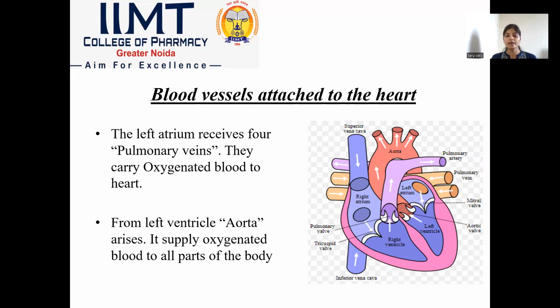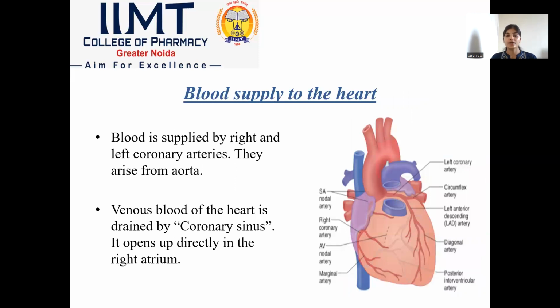Moving to the next slide, blood supply to the heart. Blood is supplied by the right and left coronary arteries. They arise from the aorta. So basically, the aorta supplies oxygenated blood to all parts of the body, but the aorta is further subdivided into the left coronary artery and right coronary artery.